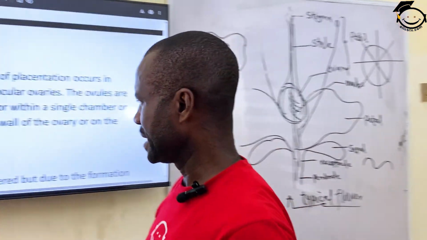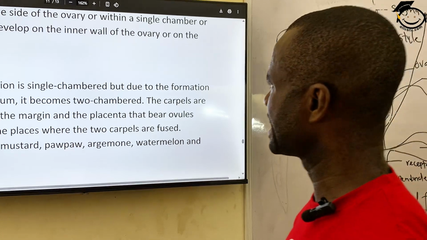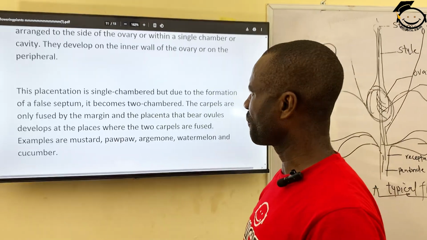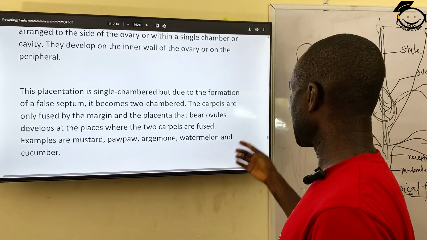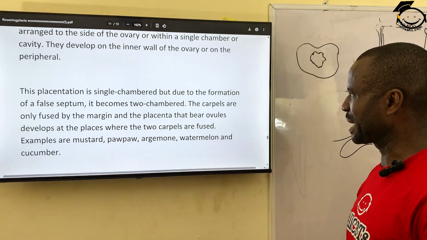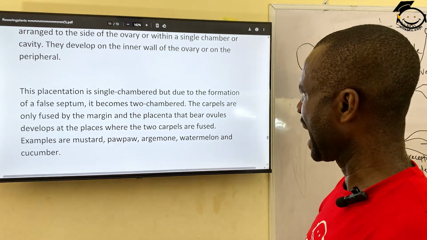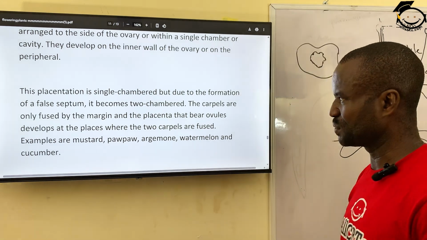Move on. This placentation is single chambered, but due to the formation of a false septum, it becomes two chambered. The carpels are only fused by the margin, and the placenta that bears the ovule develops at the places where the two carpels are fused.